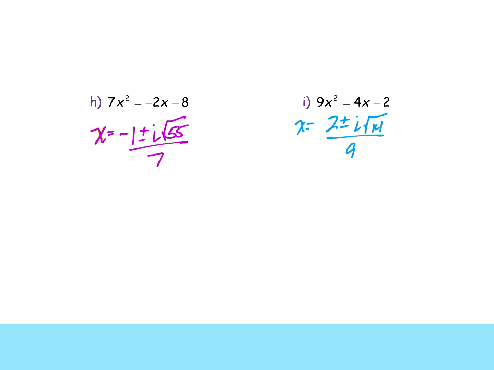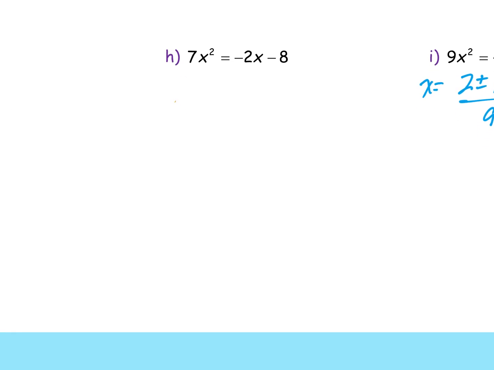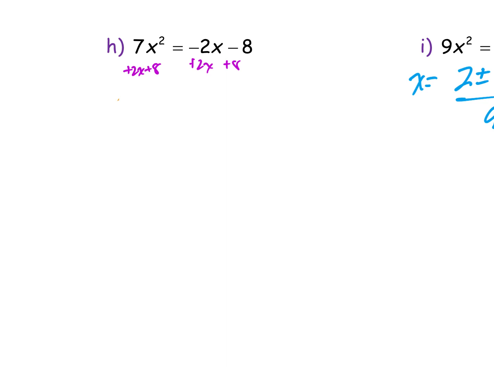H, certainly. So I'm going to erase that, if that's okay. So we're going to go over H. So I'm going to add 2x and add 8, right? So I get 7x squared plus 2x plus 8 equals 0.